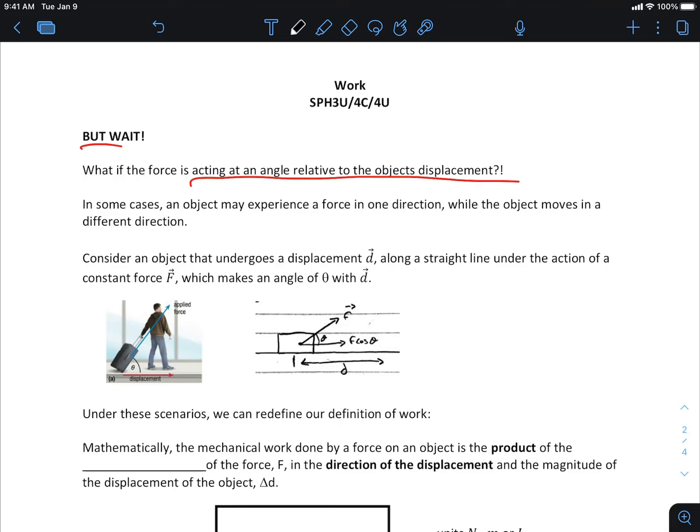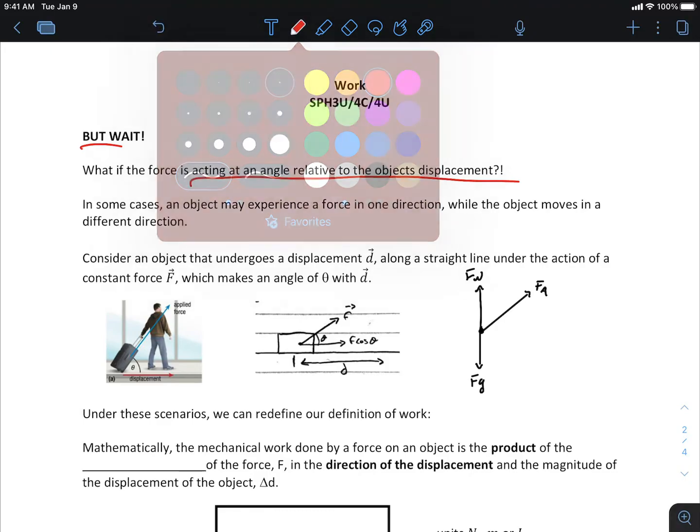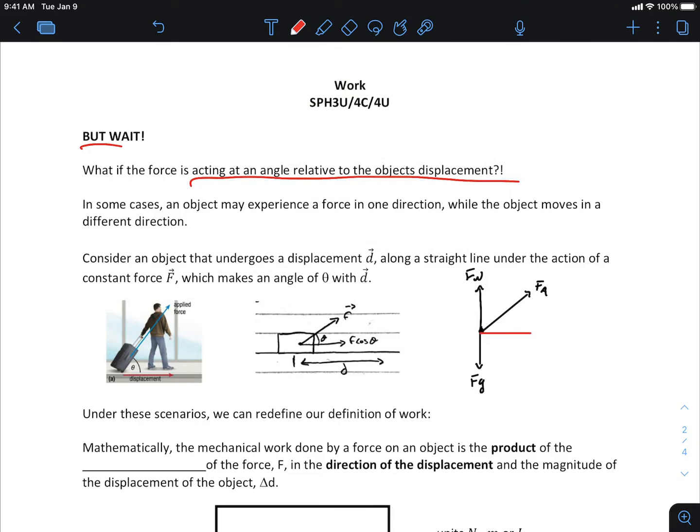Okay, so if I were to draw the free body diagram for this, the dot would be the suitcase, I suppose. And straight down, we're going to have the force of gravity, obviously. And then to counteract the force of gravity, we're going to have that normal force. And then we're applying this FA force, F applied, right? And because it's at an angle, we have components. We have an X component, right?